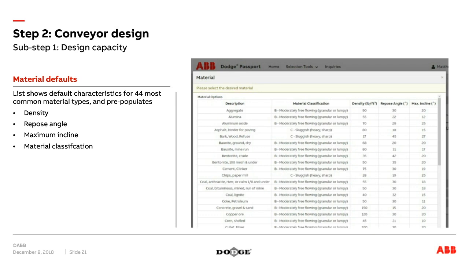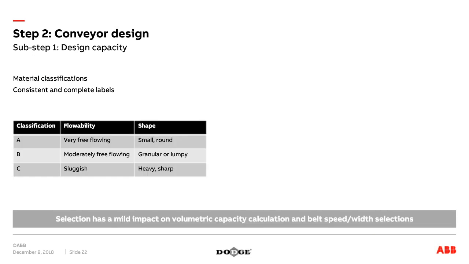It's going to already list out the density and repose angle and max incline for each of these materials. As you can see, the material classifications are going to give you complete and consistent descriptions of what these classifications would be, and would have an impact on your volumetric capacity calculation and your belt speeds.